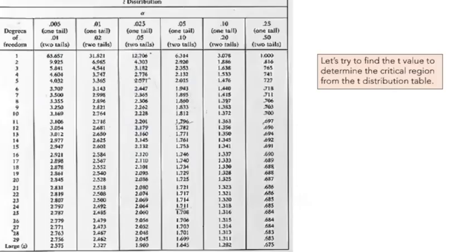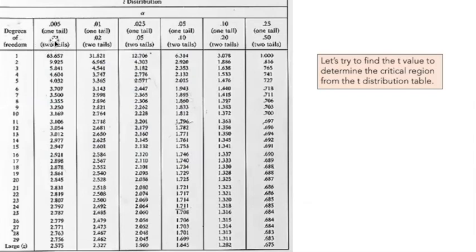So I'm going to go to the T distribution. Here on the top line you have one tail tests, and here you have two tail tests. I am going to go for the two tailed 0.01, because that's our alpha. This is our first column.